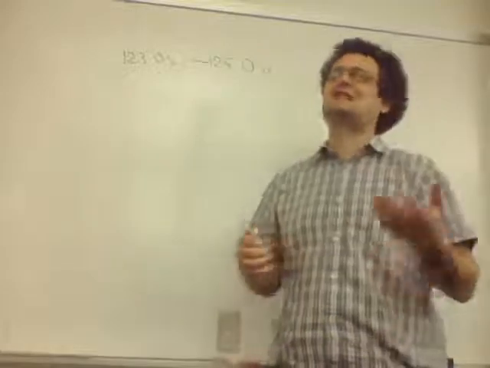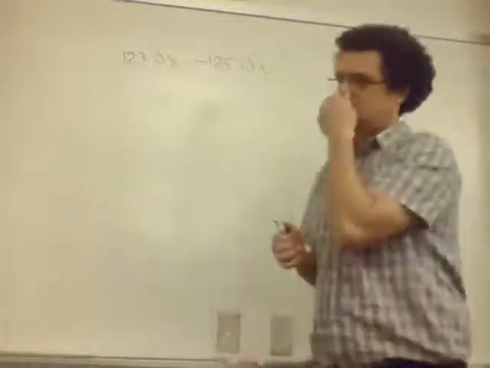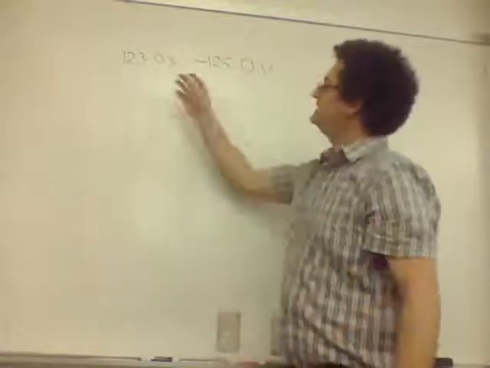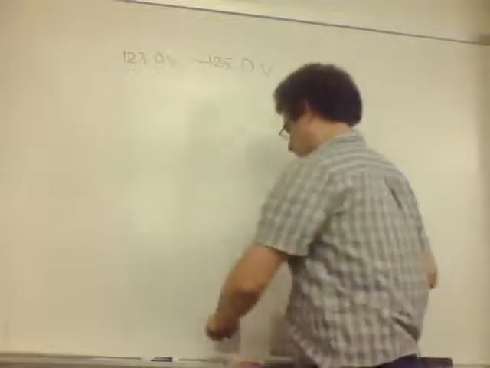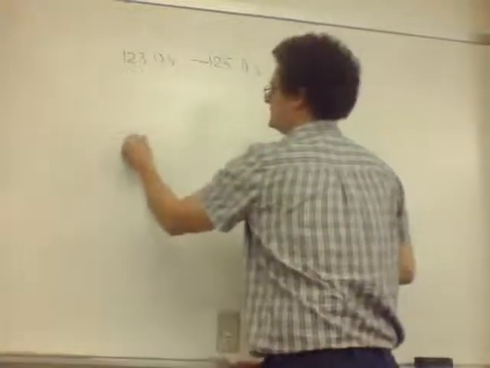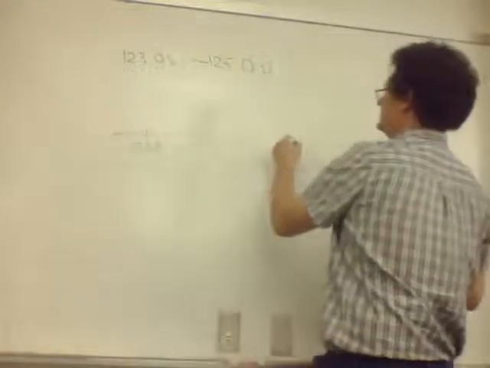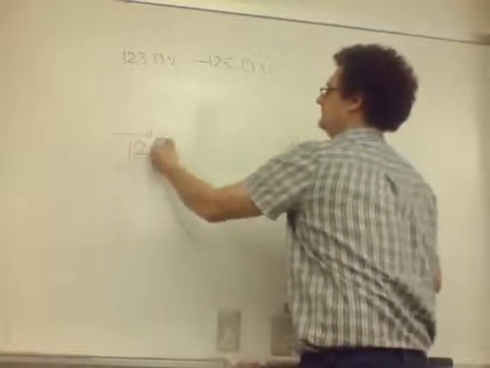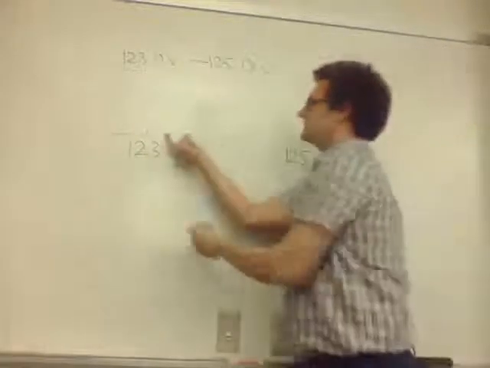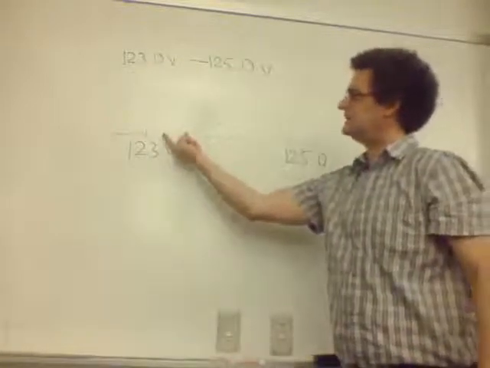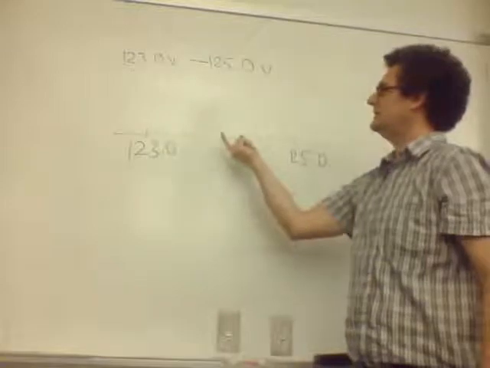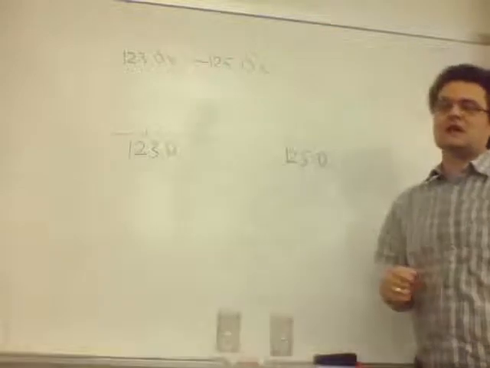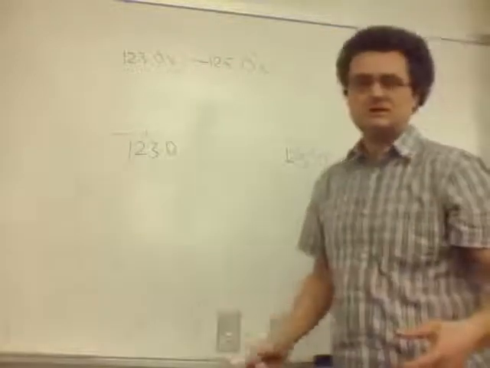So in the sense that any interval of certain length that is a subset of this interval from 123 to 125, so here is 123.0 and here is 125.0, any interval of certain length here has the same probability as an interval somewhere else, but of the same length. Okay, so that's what uniform distribution means.